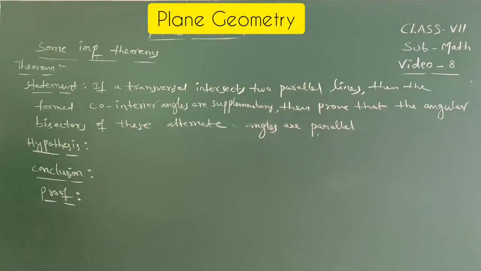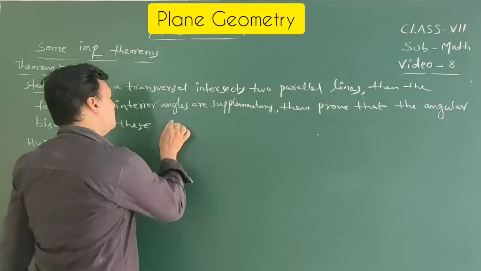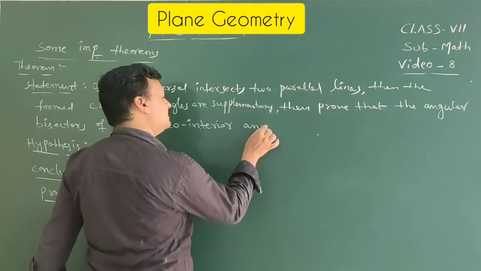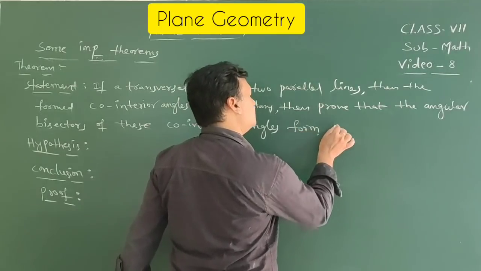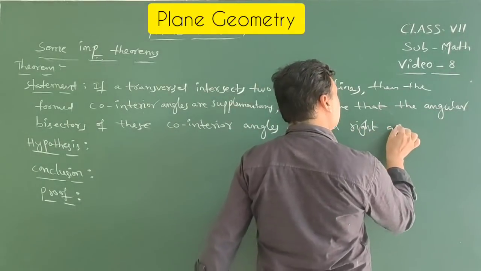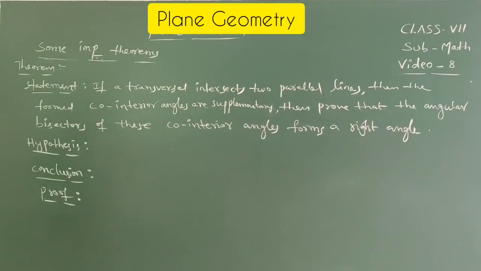Then prove that the angular bisectors of these co-interior angles form a right angle. This is different. If a transversal intersects two parallels, the formed co-interior angles are supplementary, we know. Then prove that the angular bisectors of these co-interior angles form a right angle.